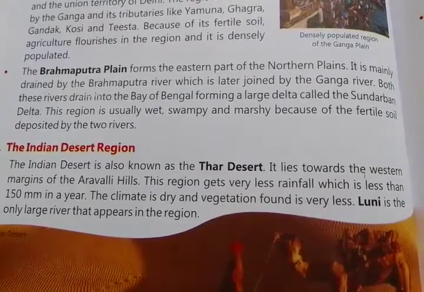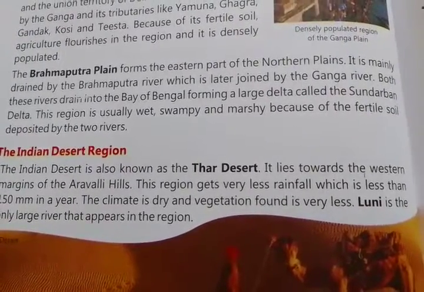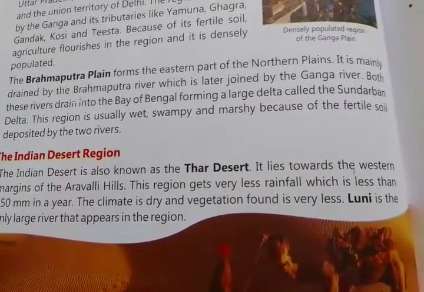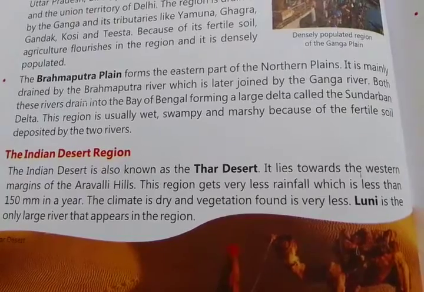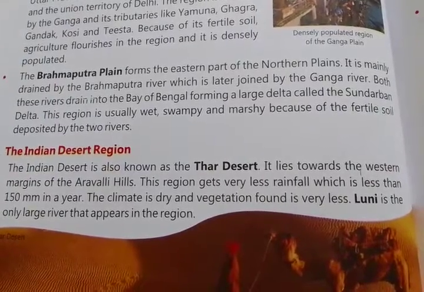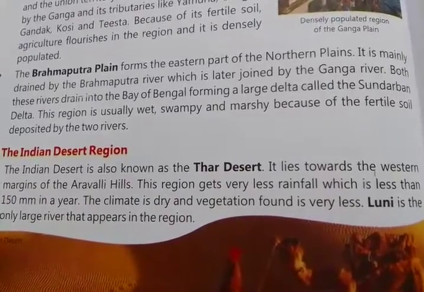As both main rivers, Brahmaputra and Ganga, drain into the Bay of Bengal, they form a large delta, which is called the Sundarban Delta.